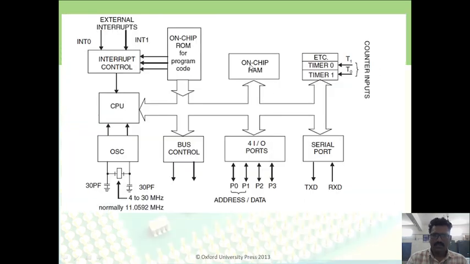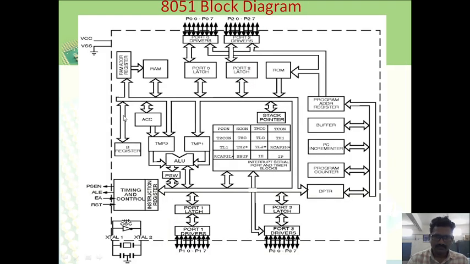This is also the functional block diagram of the 8051 microcontroller: the CPU and bus control, on-chip ROM and RAM, timer and serial port, all connected with the CPU. In this block diagram of the 8051 microcontroller, you can see 4 ports here too. This is the oscillator section, and the timing and control unit.